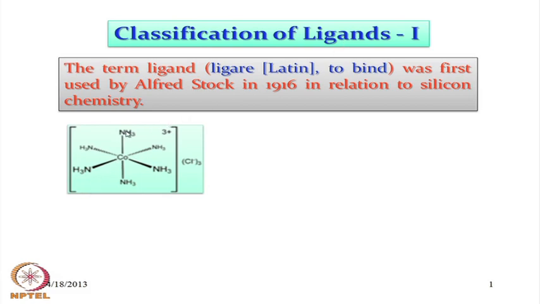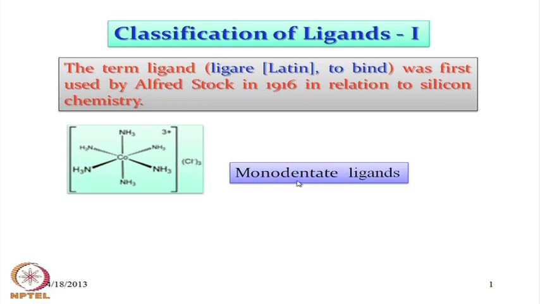They are considered good ligands and they attach to the cobalt center from only one point, which is why they are termed monodentate ligands. When the full coordination sphere is filled, the 3 plus charge of the cobalt center is neutralized by the presence of 3 chloride anions outside the coordination sphere.